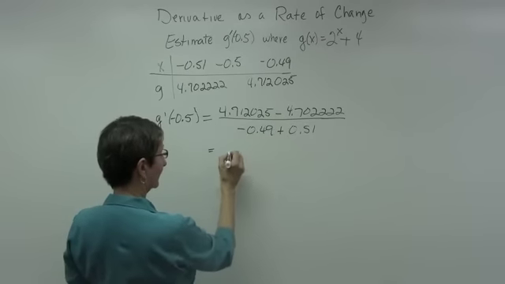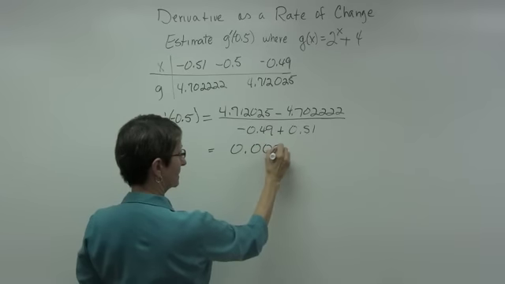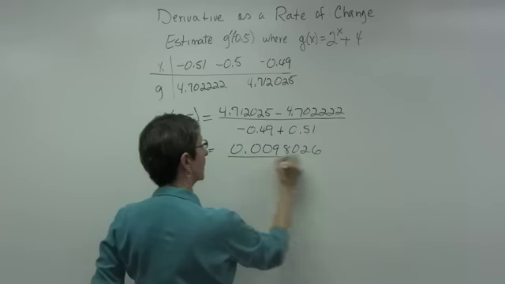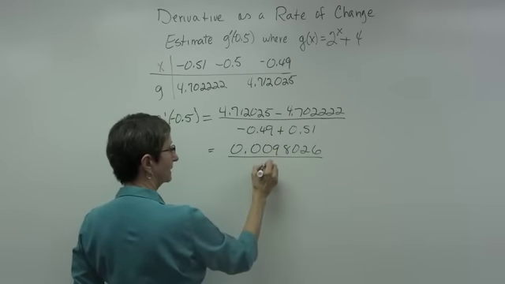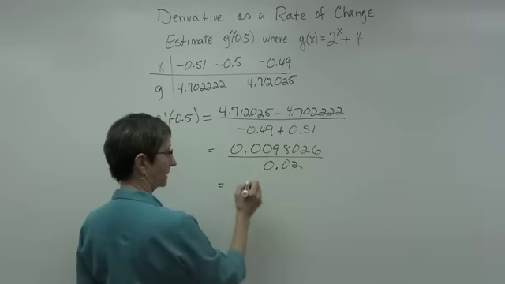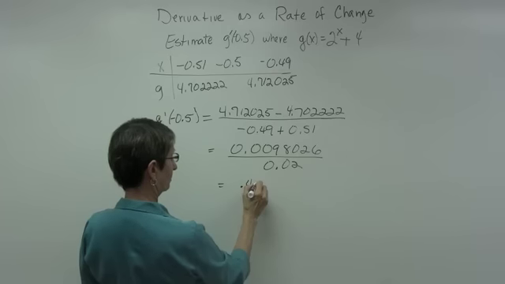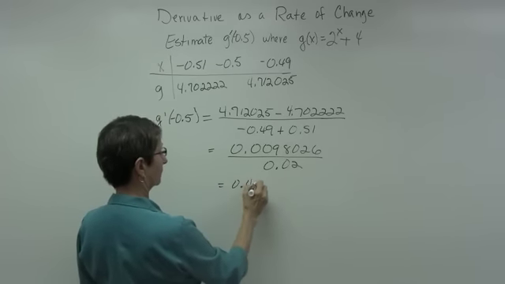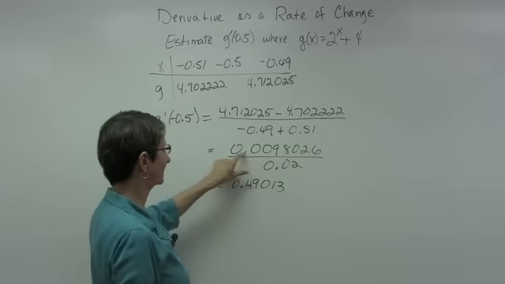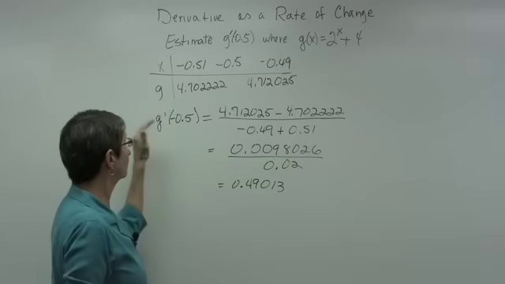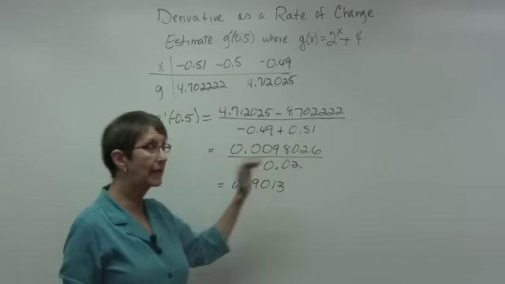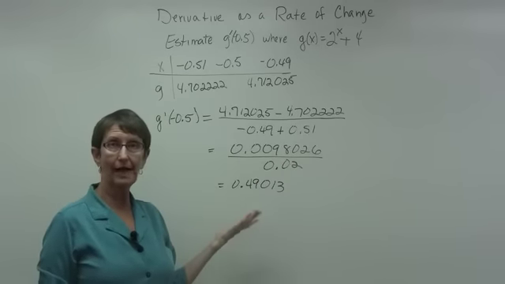When I subtract, I get 0.0098026, just a little bit further than 6 decimals, over 0.02. And when I divide, I'll end up with 0.49013. Move my 2 decimal points over. And this is the value I get for g prime of negative 0.5. That would be considered the slope of the tangent line or just the instantaneous rate of change at a point.